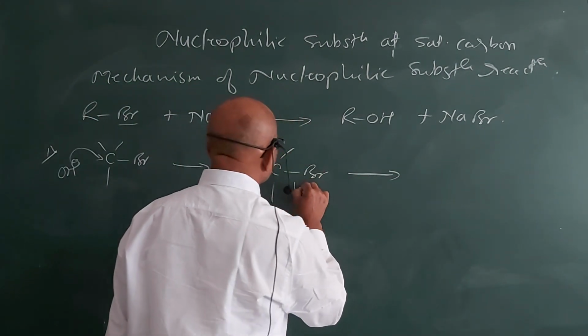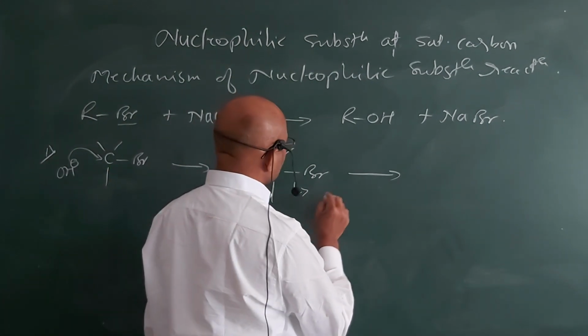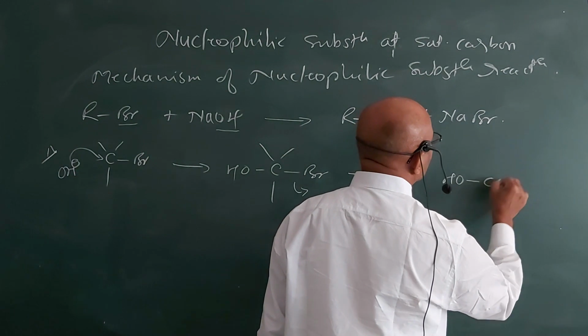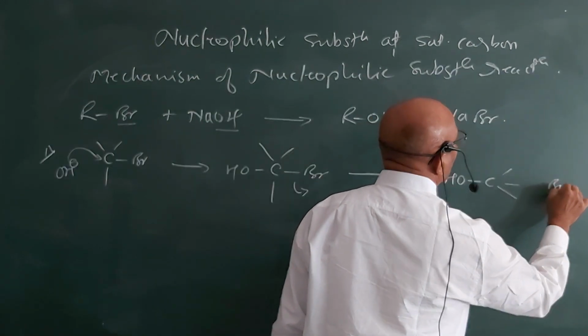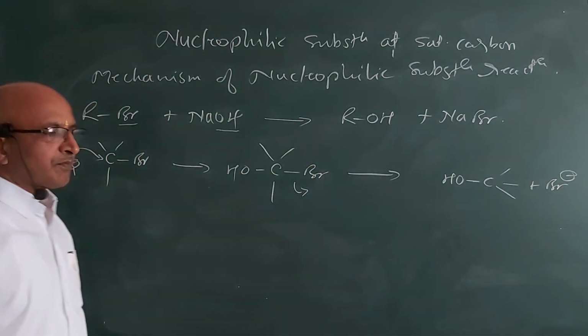Then in the second step, the leaving group cleaves, the bond breaks, and you get the formation of this product. This is the first path.